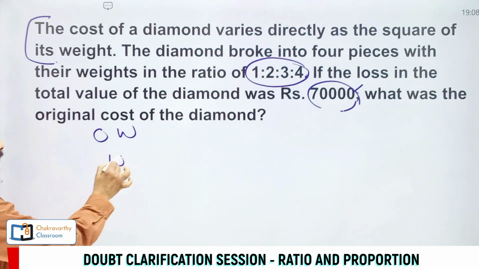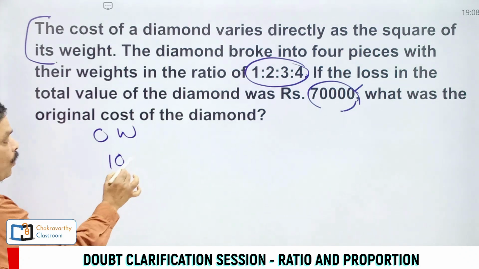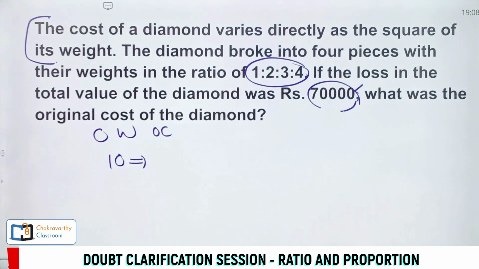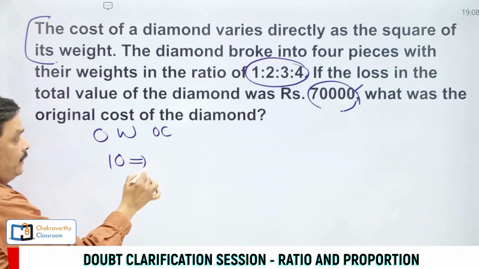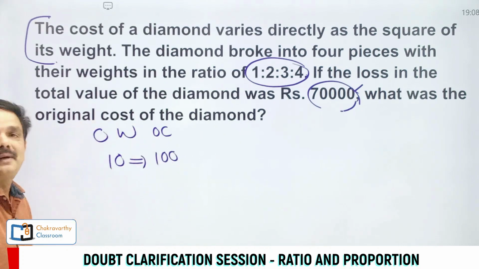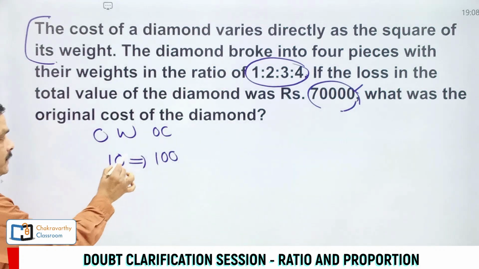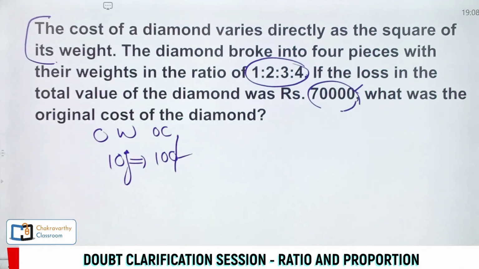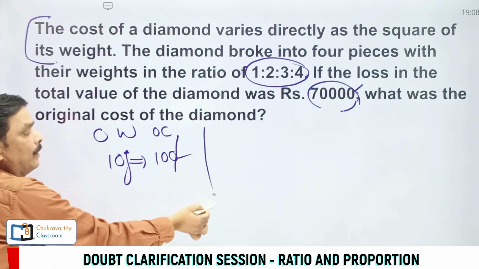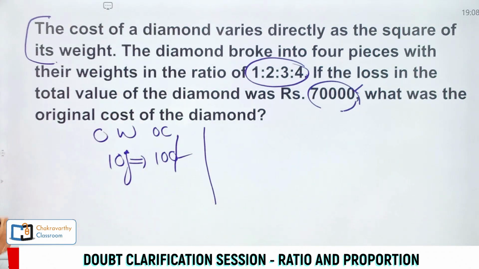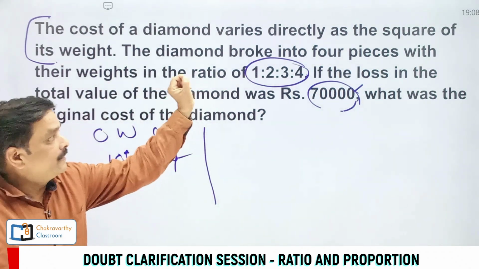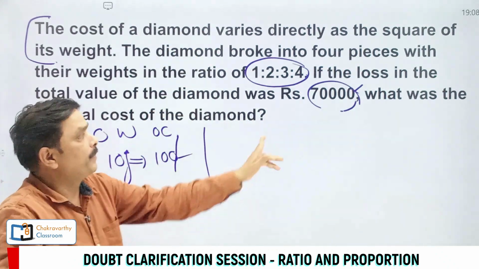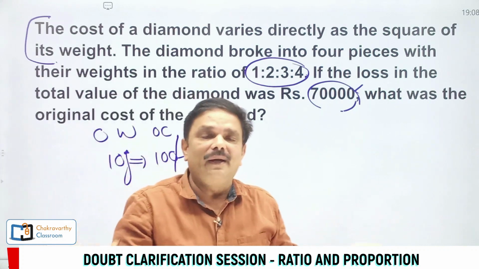When the original weight is 10 grams, then obviously what is the original cost of the diamond? The cost is 10 square. 10 square is 100. Let's take it as 100 rupees. This is 10 grams and this is 100 rupees. Done. Now due to the breaking of the diamond into 4 pieces, you find out the cost, then deduct both the costs and compare that with 70,000, you will get the answer.